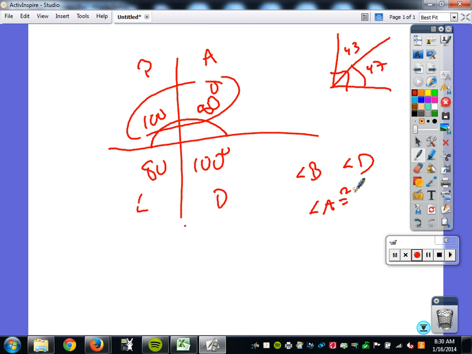It's equal with the tilde above it. Okay? Angle A is equal to angle C. Okay? Notice these two, angle B and angle D, are called vertical angles. They're the ones that are on opposite sides of where two lines intersect.